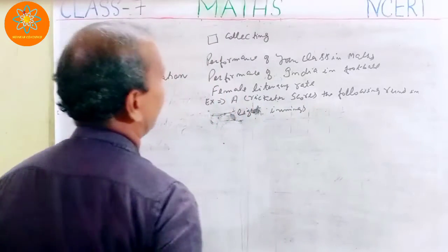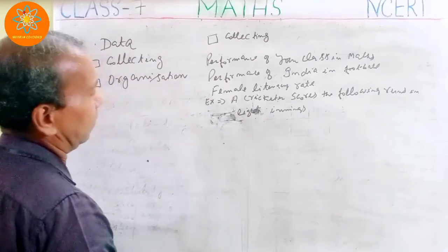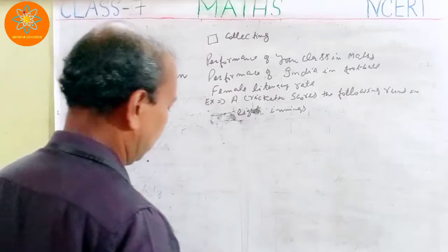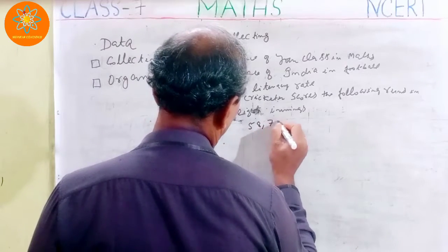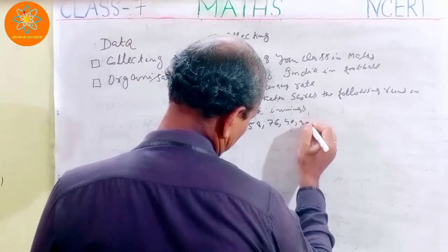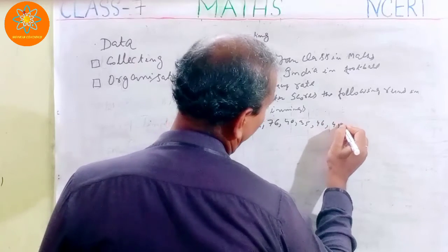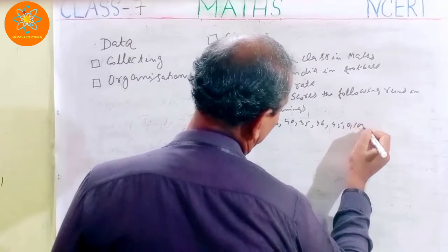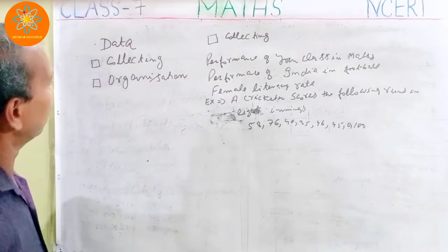So I'm collecting the data of a cricketer in the 8 innings. This is 58, 76, 40, 35, 46, 45, 0 and 100. So this is the collection of data.